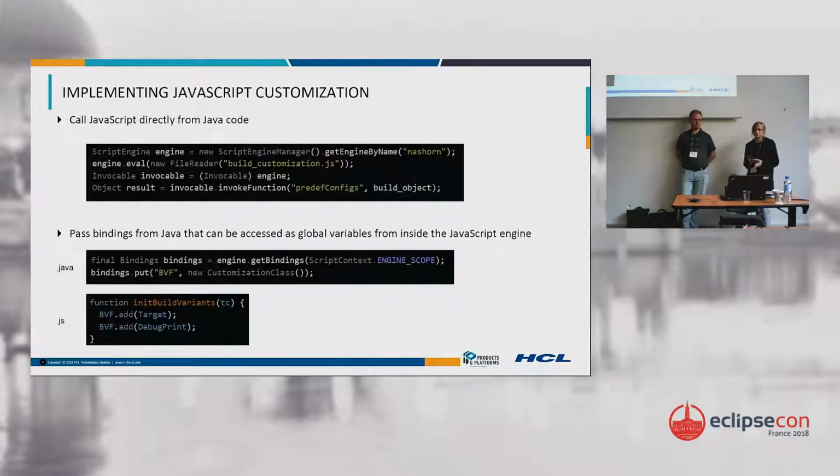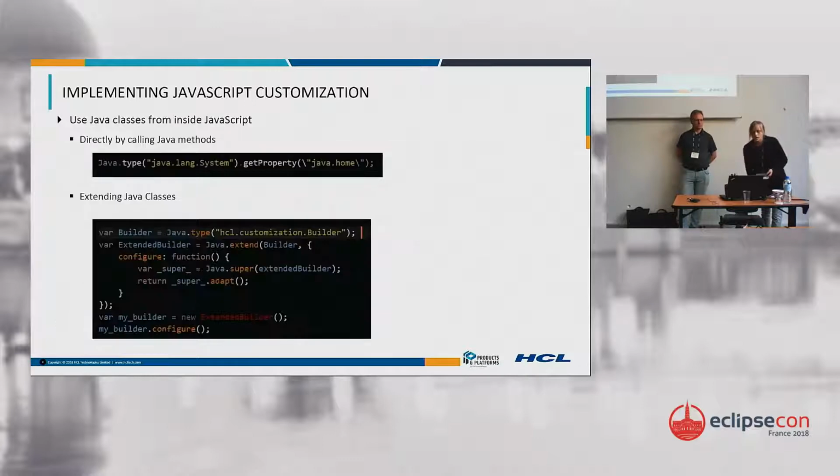There are different scopes, the engine scope or the global scope. It depends on how you want to define this naming, and you can bind the name to the Java object. After that, it's really easy to access these methods when you start to write your JavaScript customization. So it makes things much easier and does not require a really deep understanding of how this works.